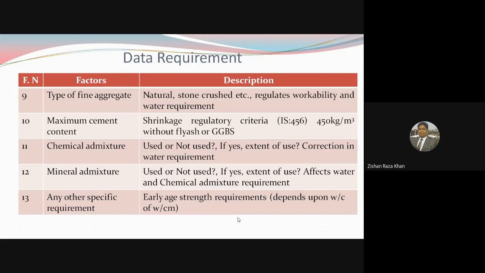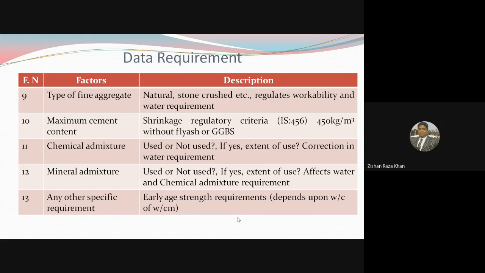Suppose you want early strength. If early age strength is required, it regulates the use of special chemicals which support the early age strength requirement. Suppose there is any other specific requirement, such as if you want to create any color for the concrete, then you need to choose the pigment.